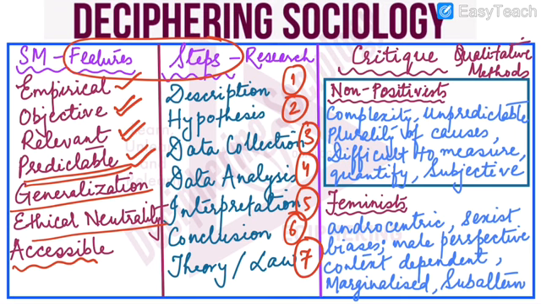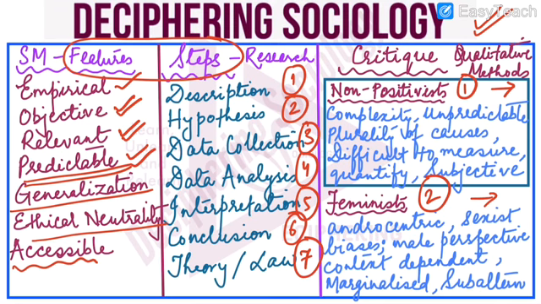Now, what about critique? Remember two schools of thought, non-positivists and feminists. They mainly stress on the qualitative methods. Quantitative methods are stressed by people who are positivists. So these are two perspectives, non-positivism and feminist theory.